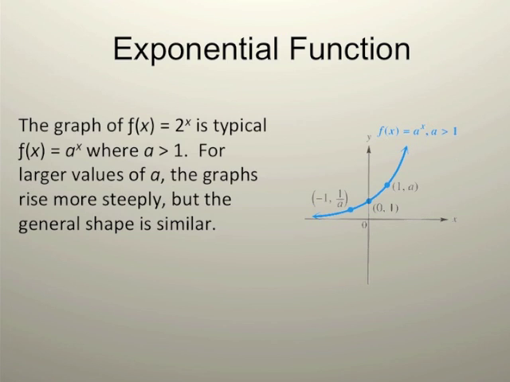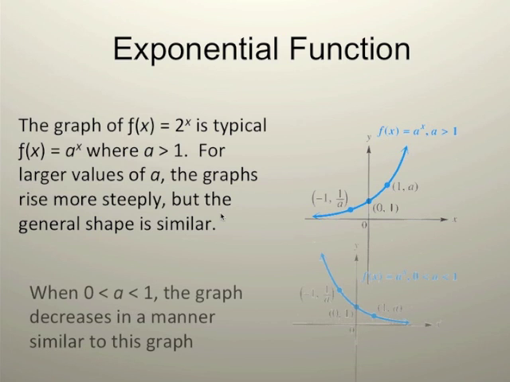So that graph of f(x) = 2^x is typical for f(x) = a^x, where a is greater than 1. For larger values of a, the graphs rise more steeply, but they still have that similar shape. If a is between 0 and 1, the graph decreases in a manner similar to this graph.